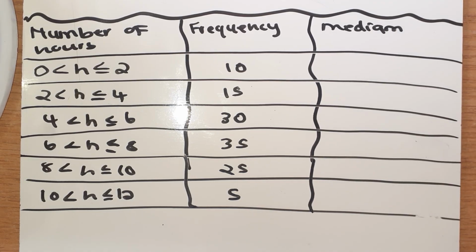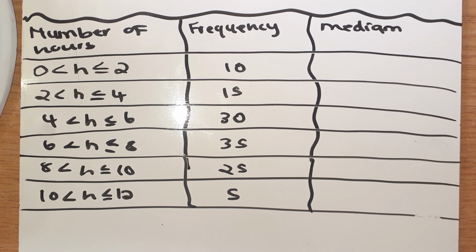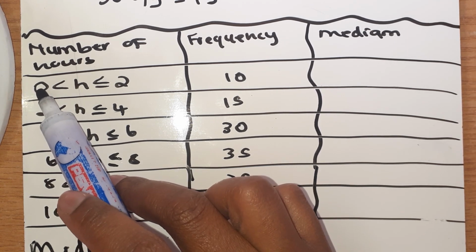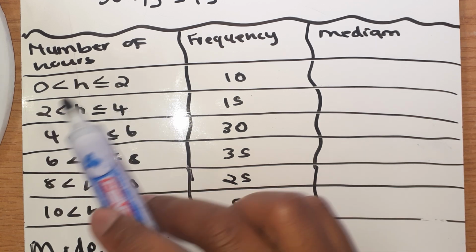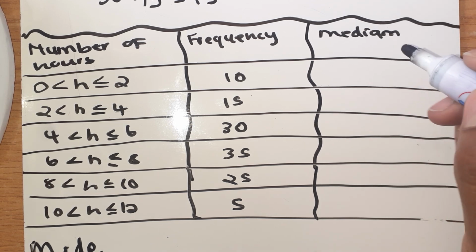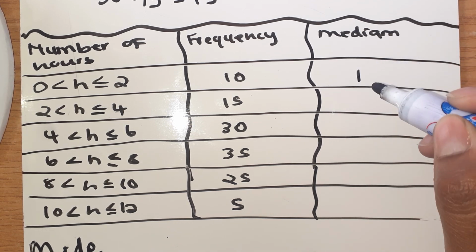So we are given another activity here, and in this activity we will be asked to calculate the median and the estimated mean. All right, so in order to get the median, you will say 0 plus 2 divided by 2, that is 2 divided by 2, which gives 1, right?